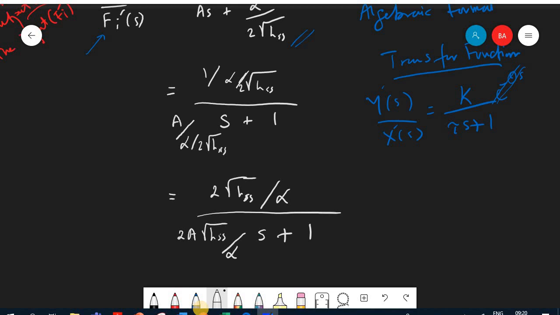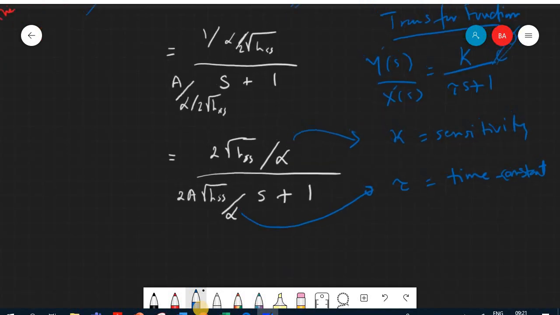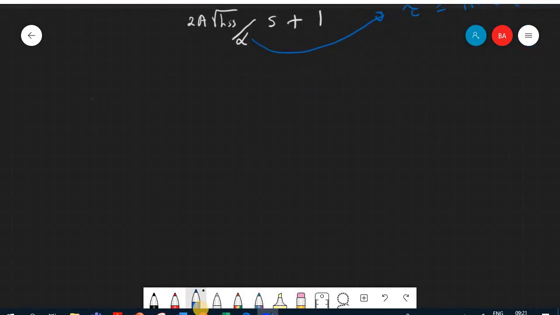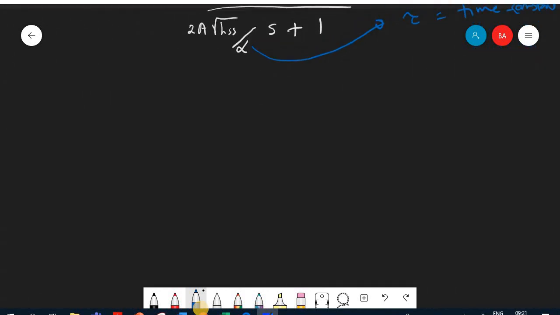Okay, so this is what I would consider as the k value, the sensitivity value, and this is what I will consider as tau, which is the time constant. So I found both the sensitivity and the time constant. This is how we take it to the S domain, and I think we have done a really good job now using the first method.